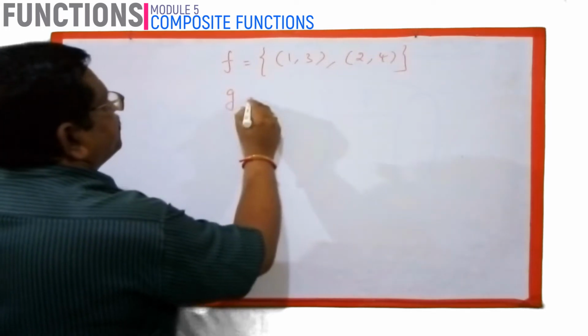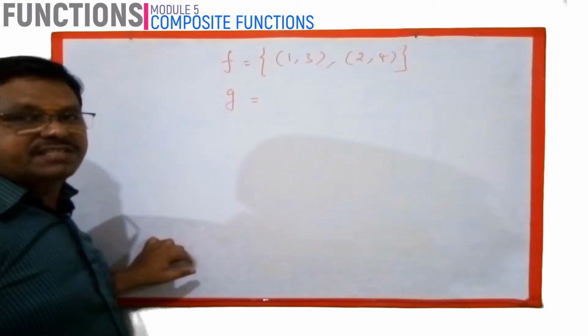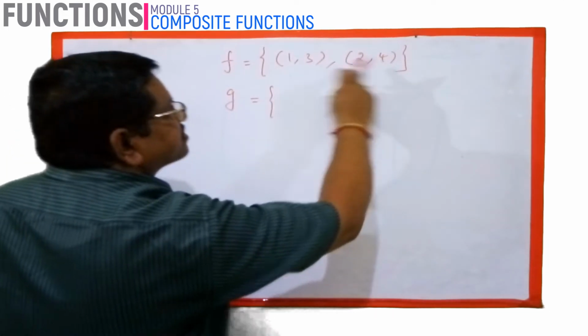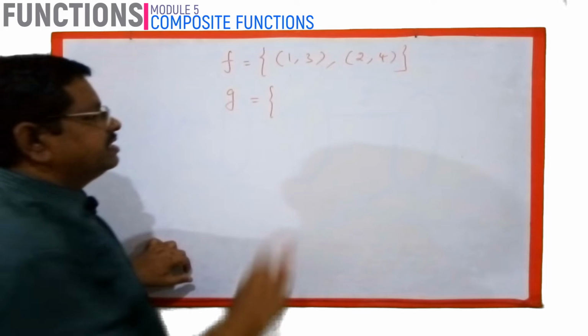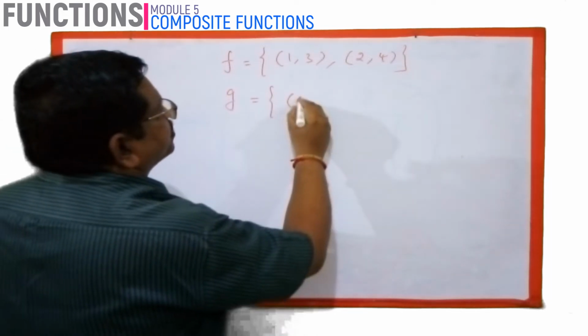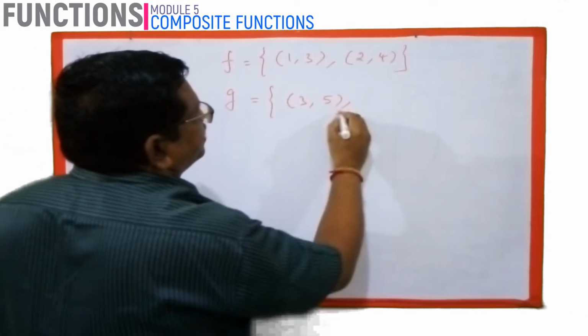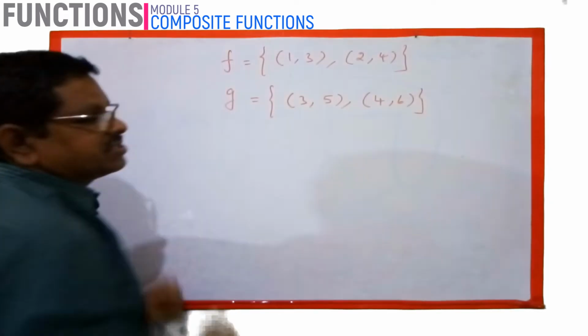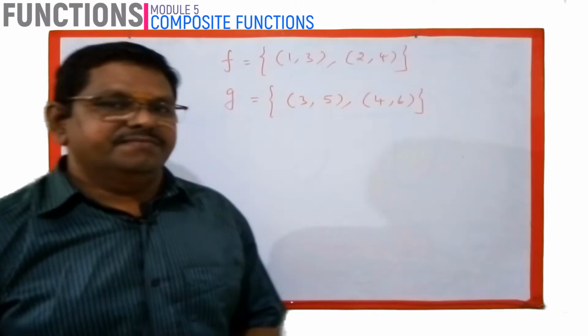Now we should define the second function g, taking the range of the first function. Here 3 and 4 are the range. So suppose 3, 5 and 4, 6 are the elements of function g.